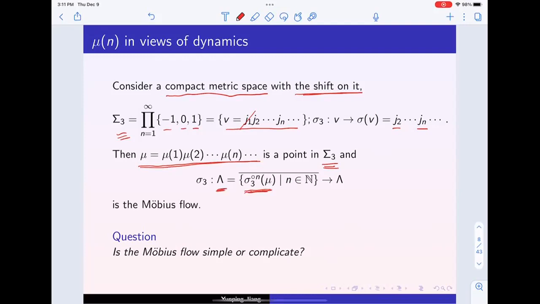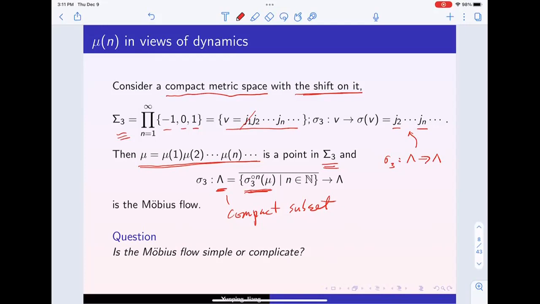That will form a compact subset, call it Lambda. And the shift on Sigma 3 also maps this Lambda into itself. So you form a so-called subdynamical system of this one. So then the question is: is this Mobius flow simpler or complicated?